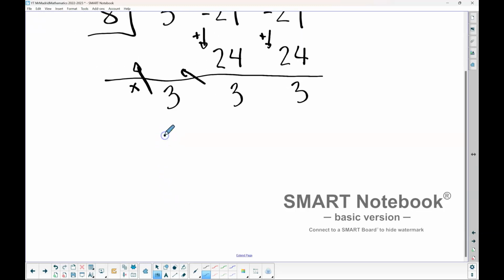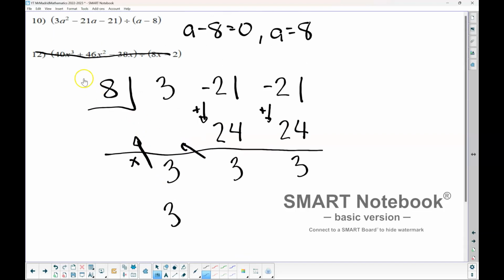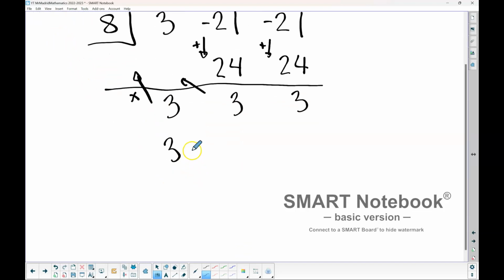This is what I mean. The highest one was an a squared, so this one's an a, plus this, okay, this is a 1. This should be an a to the 0, but a to the 0 is 1, so we don't have to write it. Okay. Then this last part is the remainder, plus 3.